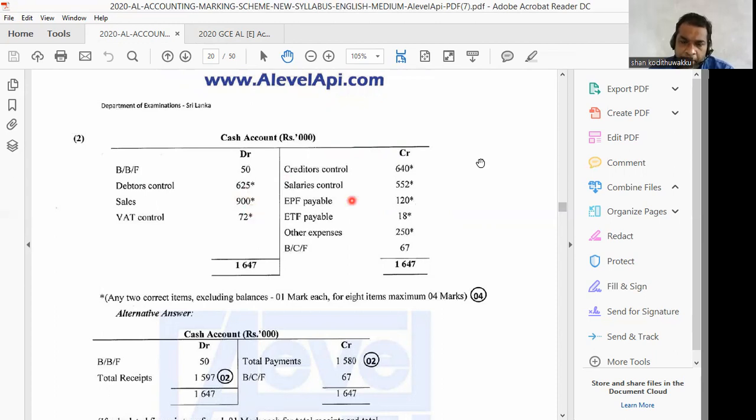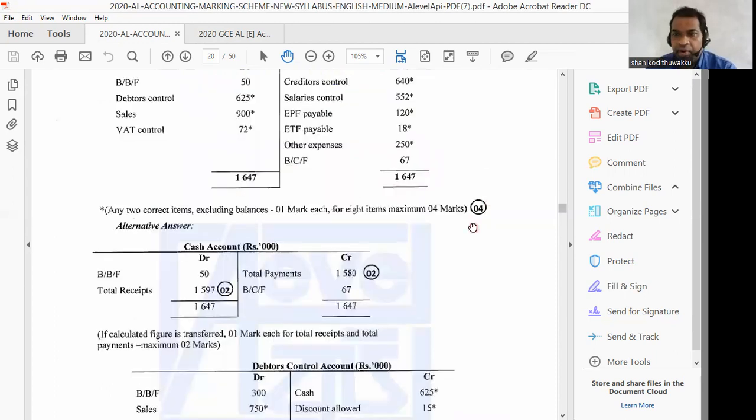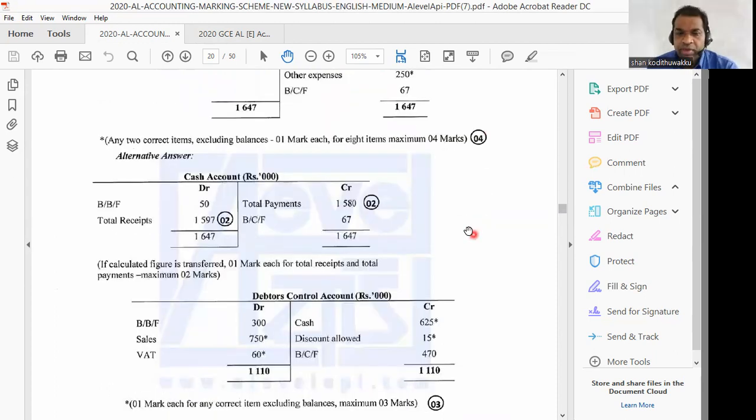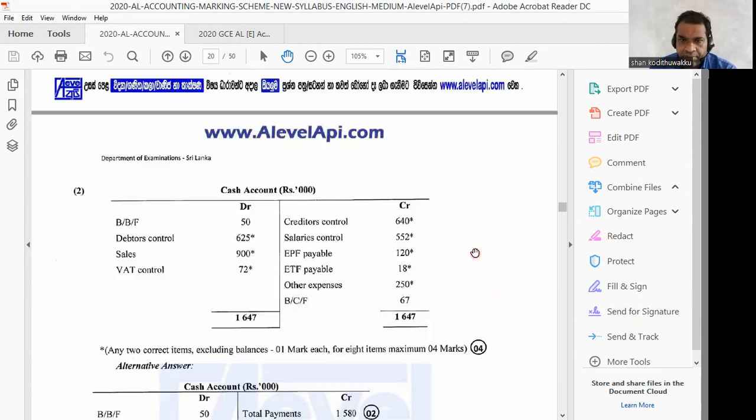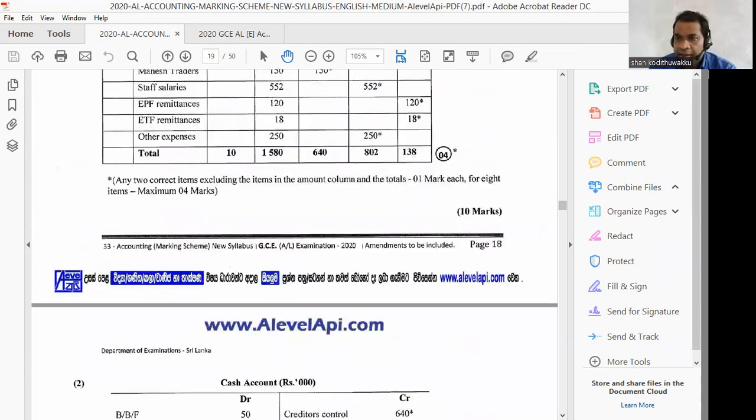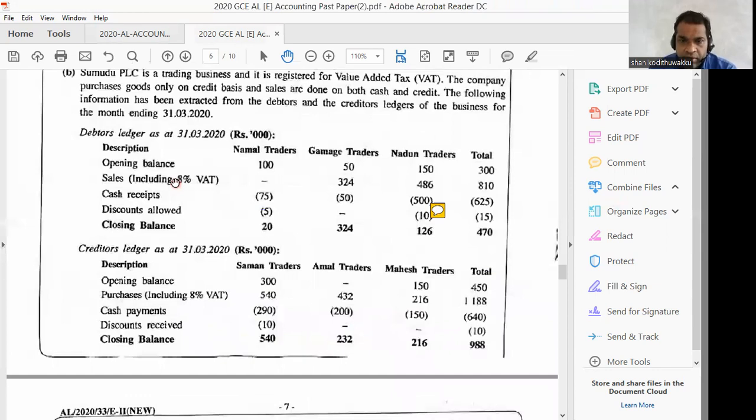Then if you prepare the discount allowed account, you can debit the discount allowed account, saying sundry debtors, this 15 should be debited to the discount allowed account. Likewise, you have to take the details and record them at all the relevant places.